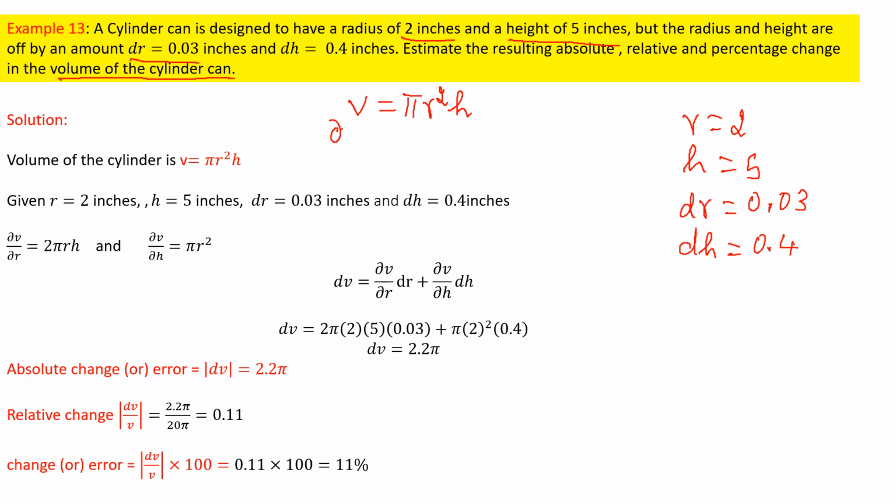Then I have to calculate dou V by dou r. So dou V by dou r is 2 pi r h. Then I have to calculate dou V by dou h. So dou V by dou h equal to pi r squared, because this pi r squared is constant, derivative of h with respect to h will be 1.